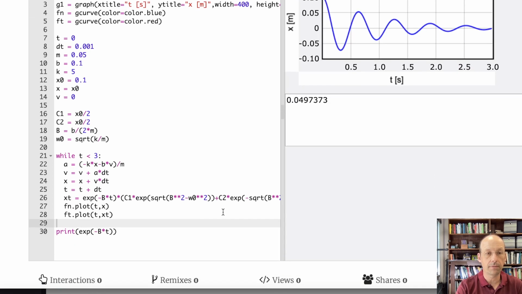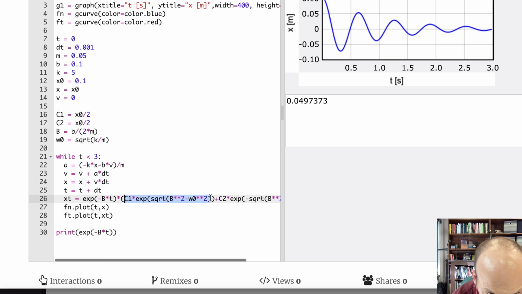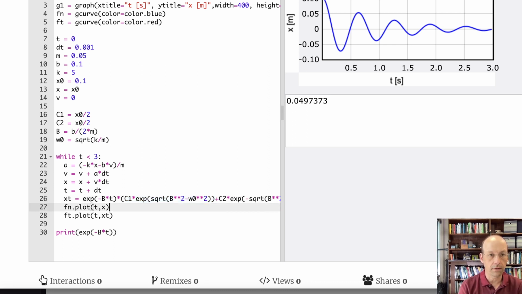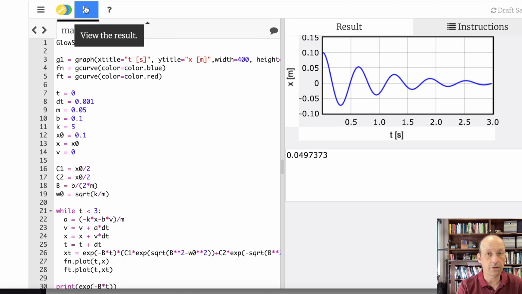Okay, it did, so that's good. Now let's try this. I'm going to print just that. Okay. I think that's right. C1 times. I did say C1. I did define this. Okay. So let's print this. That should be something. Maybe it's an imaginary number.